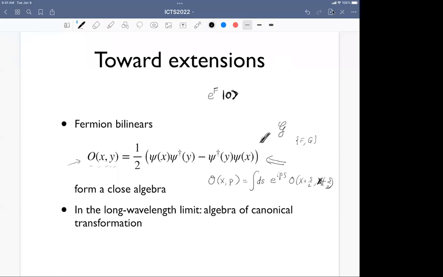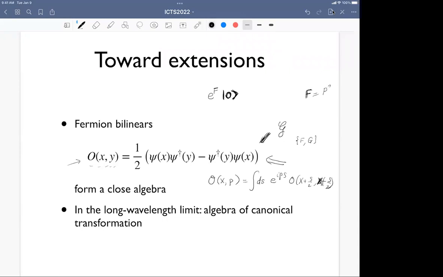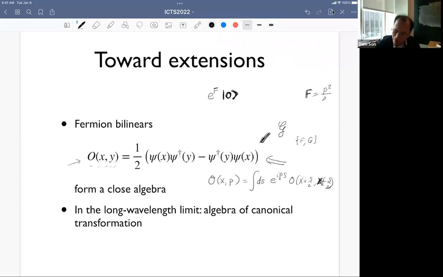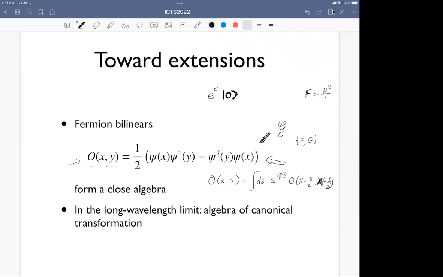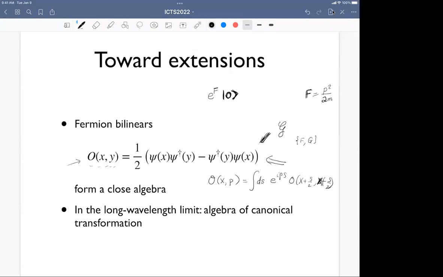I mean, an example of capital F would be p square by twice m. Isn't that correct? P square over 2m? Yeah. So in that case, what would the coherent state look like?